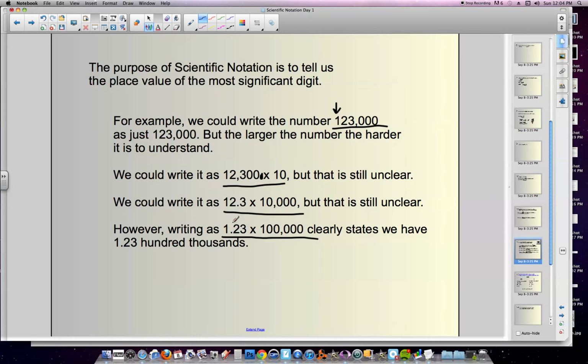There's 100,000, and then there's some smaller numbers. Well, what are those? That's one place value to the right, so that's 20,000, and that's two place values to the right, so that's 3,000. So this can quickly be converted into 100,000, and really it's 100,000 and 20,000 and 3,000, or 123,000.